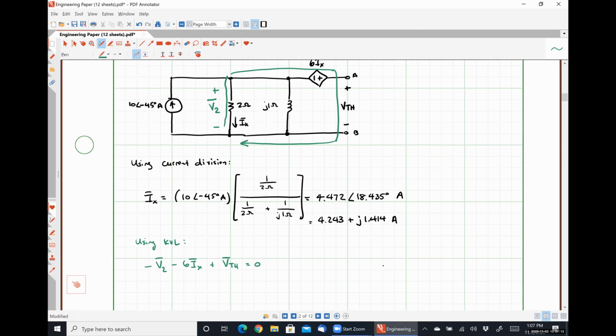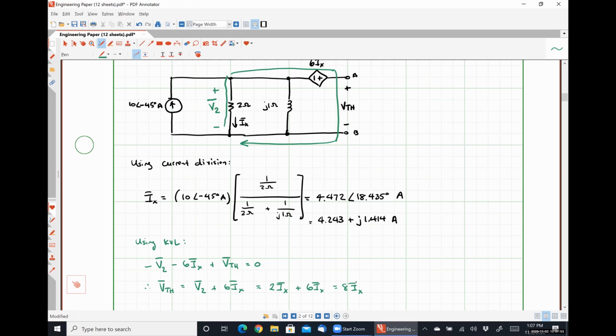So if I rearrange this, that gives me VTH is equal to V2 plus 6Ix, where V2 is twice Ix, plus 6Ix simply gives me 8Ix. So that's what our Thevenin voltage is going to be, applying Kirchhoff's voltage law around that loop.